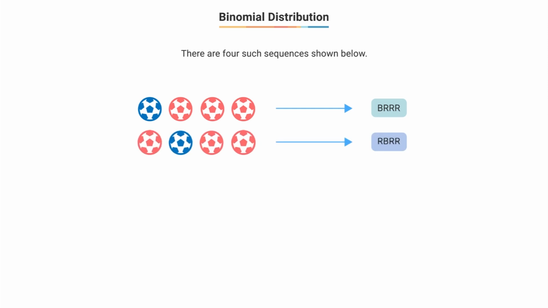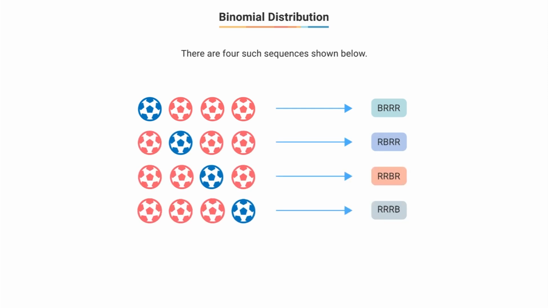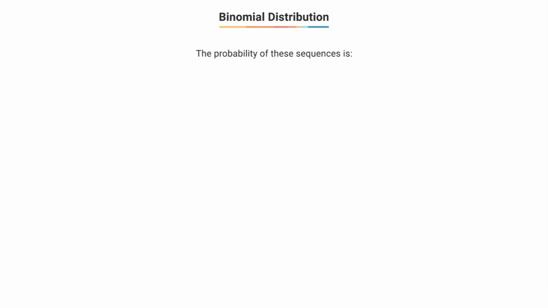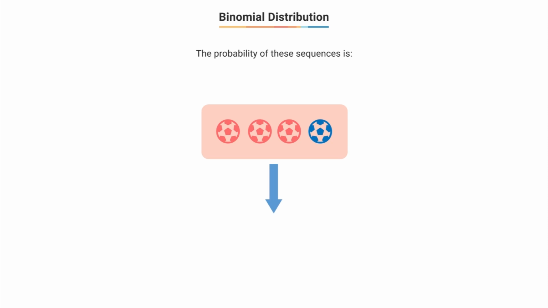If we write down the different sequences in which we get 3 red balls and 1 blue ball, there are 4 such sequences, that is B triple R, R B double R, double R B R and triple R B. If you calculate the probability for each of these events, you will see that all the 4 sequences have the same probability of occurring, that is 0.0987. So the probability of getting a combination which has 3 red balls and 1 blue ball is equal to 0.0987 plus 0.0987 plus 0.0987 plus 0.0987, that is 4 times 0.0987, which is equal to 0.3948.